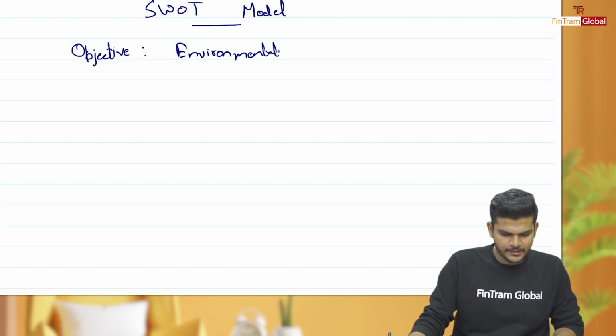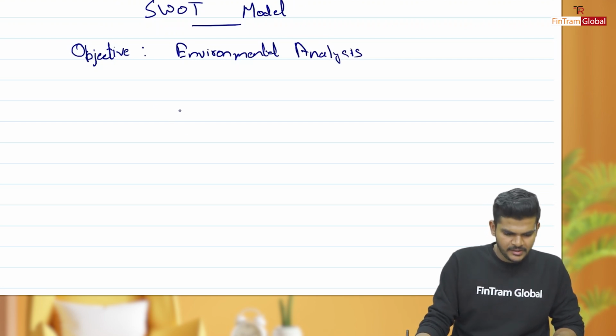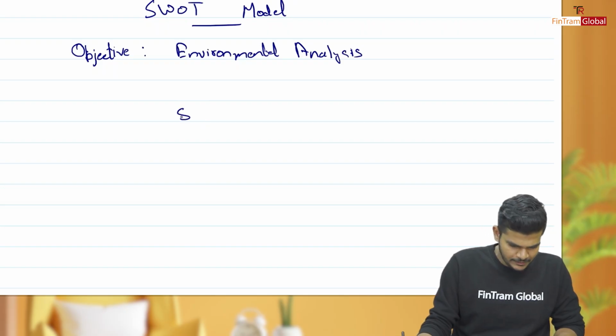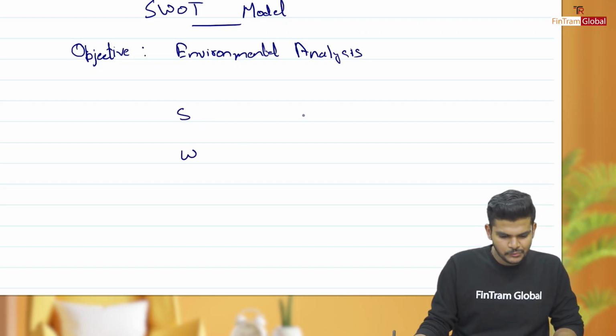Let me just write that down. So when it comes to SWOT, there are 4 factors which we look at: S, W, O, and T, right?